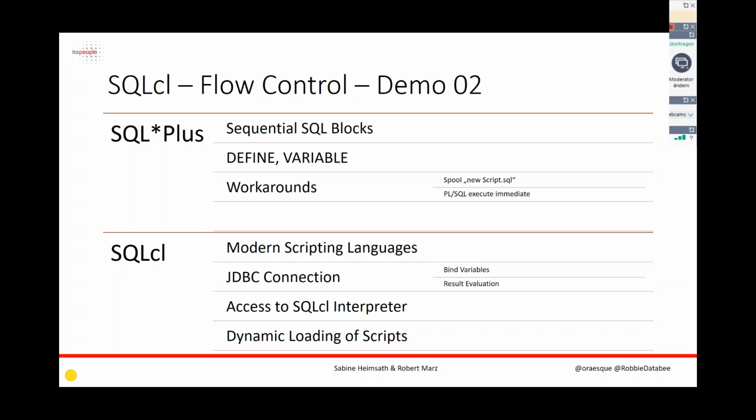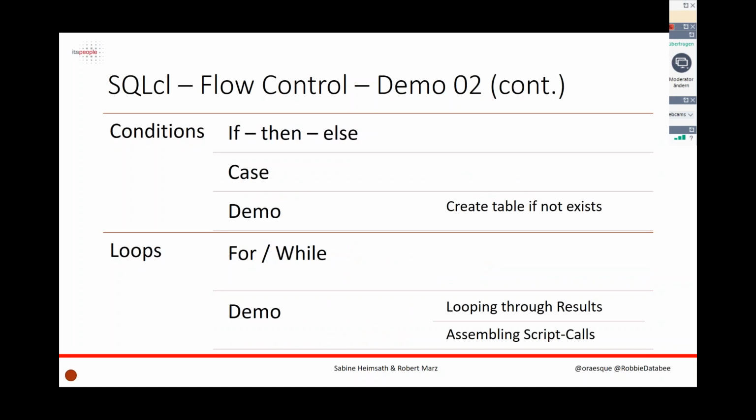With flow control, that summarizes if then else, case, loops, and even goto, which has some justification in some cases. But you can have all that with modern scripting languages. So yes, you have access to the SQLcl interpreter.